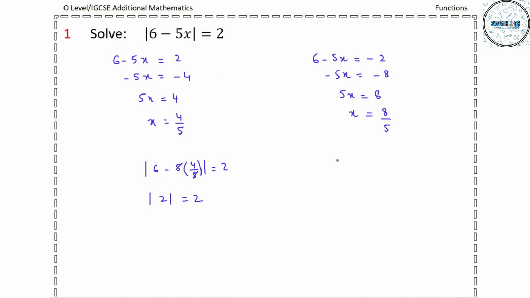We will substitute 8 upon 5 as well. 6 minus 5 into 8 upon 5 is equal to 2. So here 5 and 5 cancel out. 6 minus 8 is minus 2. The absolute value of minus 2 is 2.